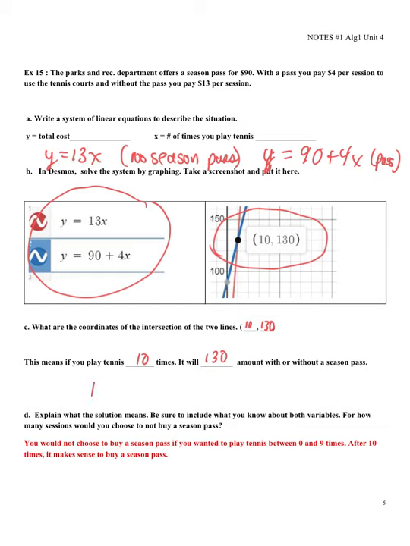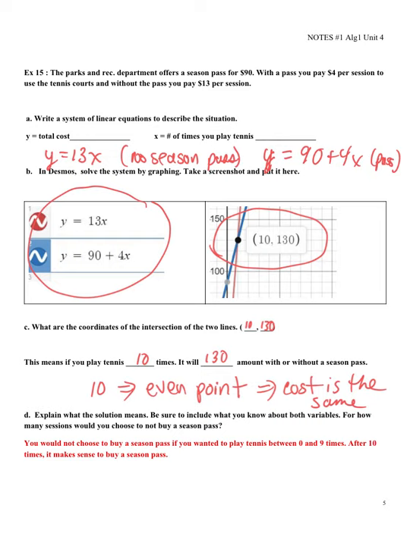So I always think about it like 10 is your even point because the cost is the same. So now if you were a consumer and you were trying to decide whether to get a season pass or not, this information would be valuable, all right? So if you only go 10 times, it's not going to matter.